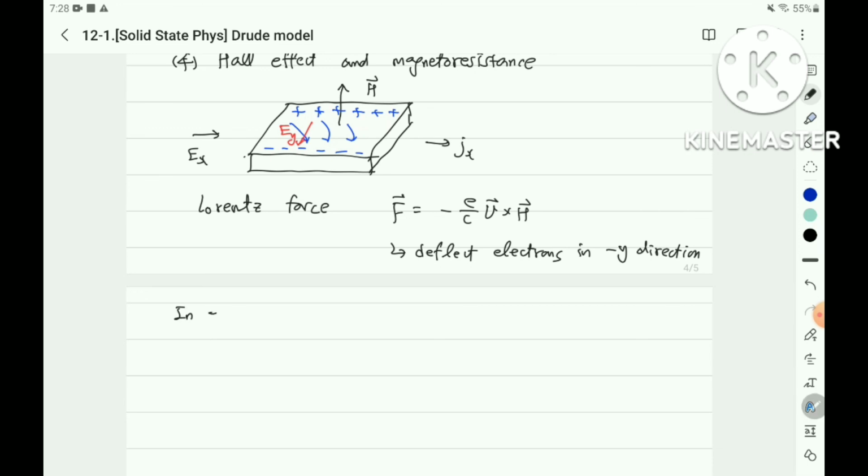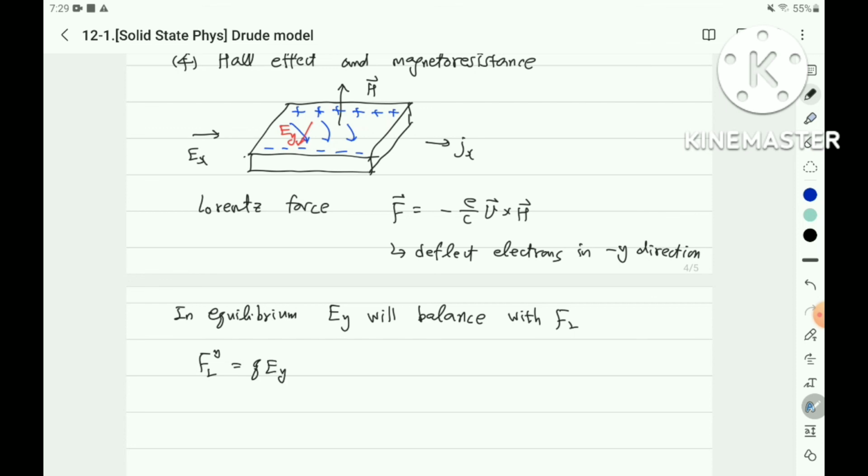Therefore, in equilibrium, Ey, the electric field along the y direction, will balance with the Lorentz force, FL. Here the Lorentz force is in the y direction, and it competes with the electric field in the y direction.